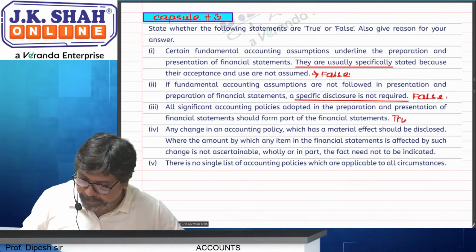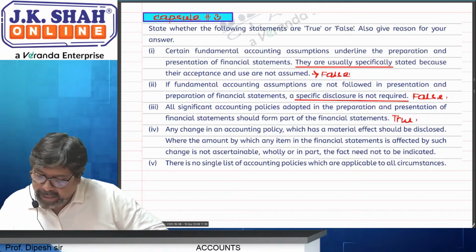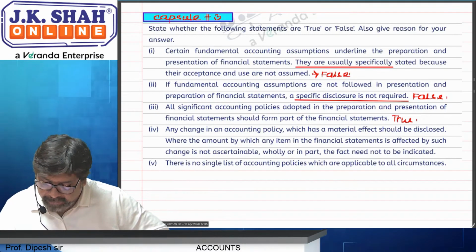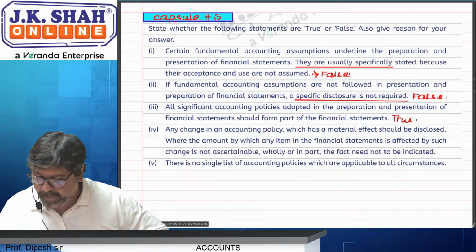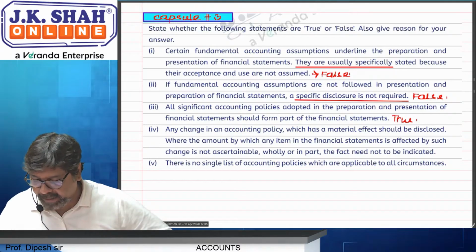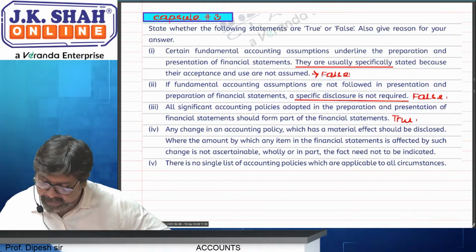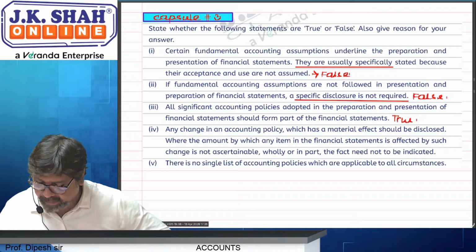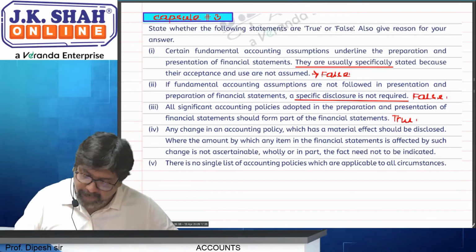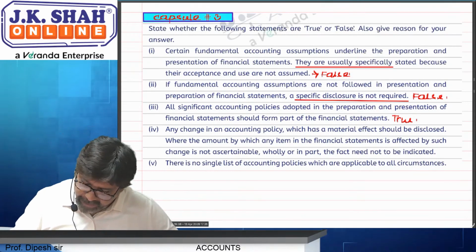True. Any change in accounting policy which has material effect should be disclosed, where the amount by which any item in the financial statement is affected by such change is not ascertainable, wholly or in part. The fact not to be indicated. False. Fact should be indicated.